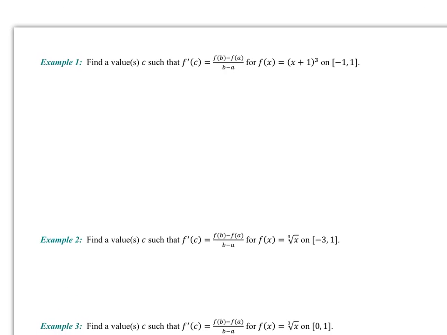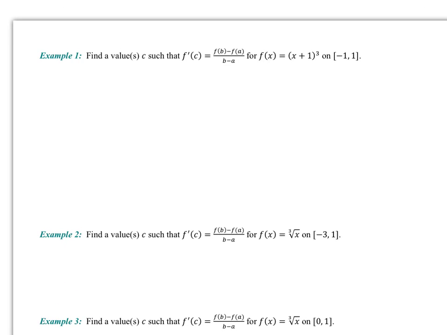All right, so let's take an example. The example here looks like it has to do with x plus 1 quantity cubed. So what we want to do is find the average rate of change on that interval, which will be the slope of the secant line.